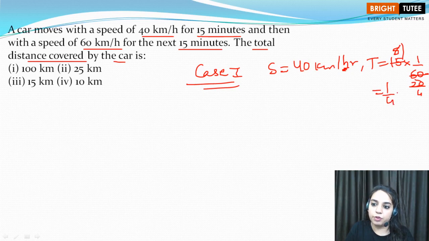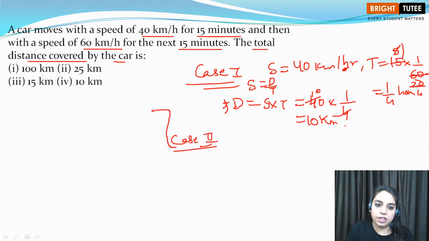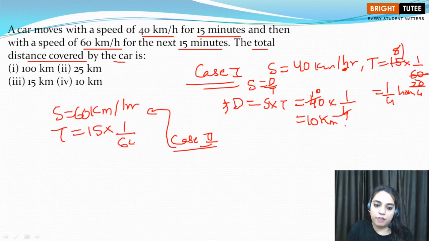So we have 1/4 of an hour. What is the formula to find the distance, children? We know the formula, speed is equal to distance divided by time. So in order to calculate distance, the formula will become speed into time. So speed was 40 and time was 1/4 of an hour. So we get the distance traveled is 10 kilometers in the first case. Then in case 2, the speed given is 60 kilometers per hour and the time is again 15 minutes, which has to be converted into hours by dividing it by 60.